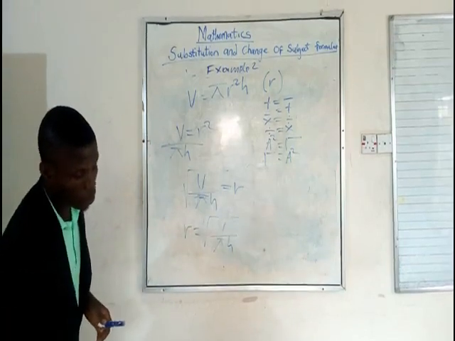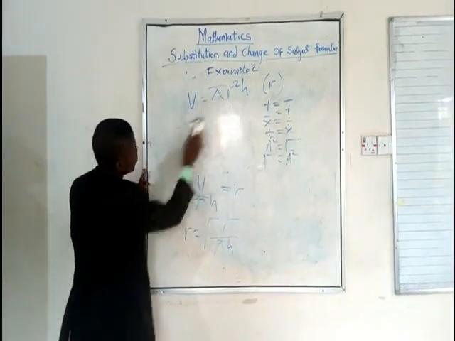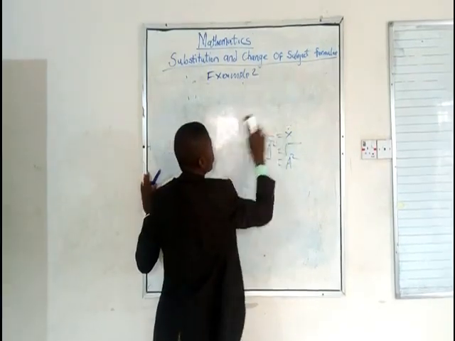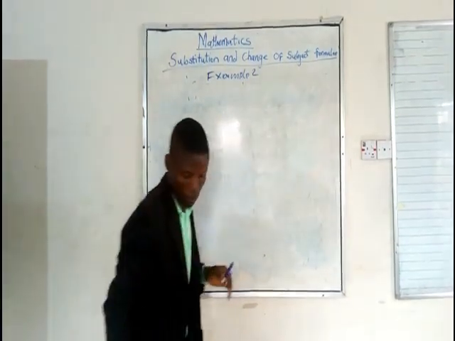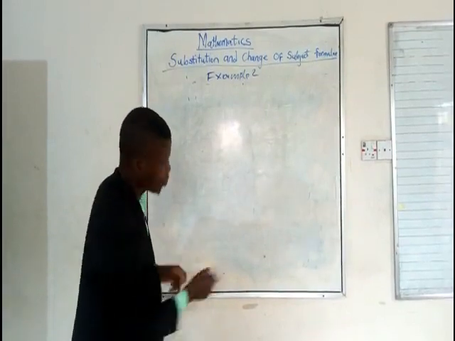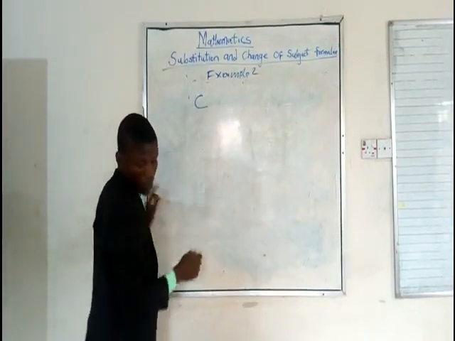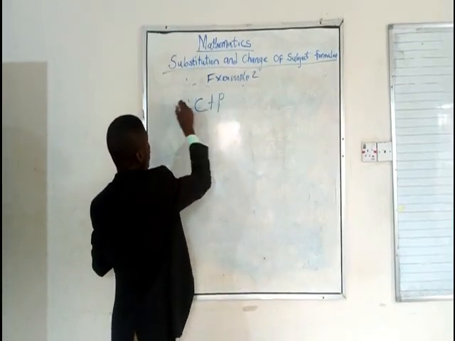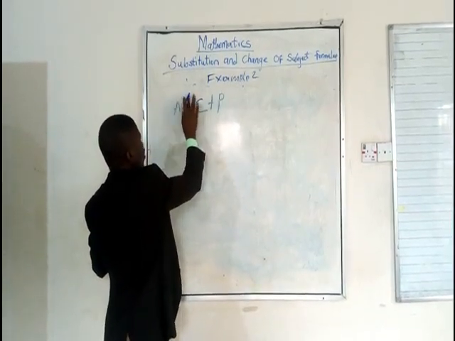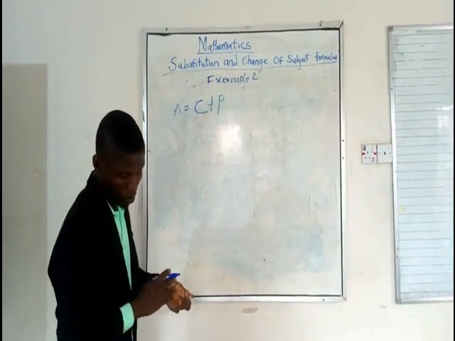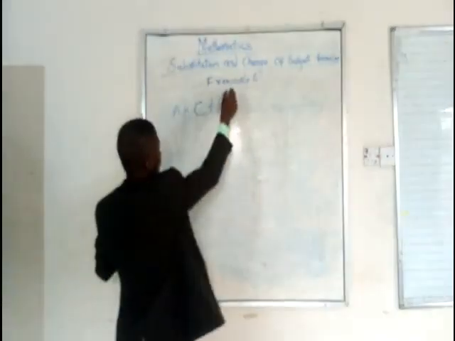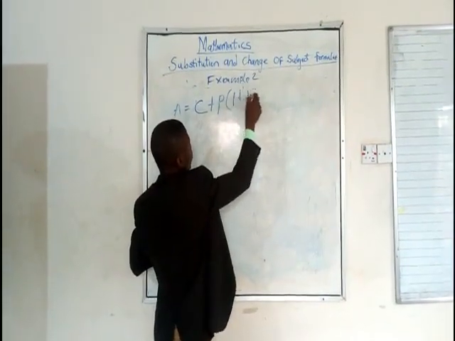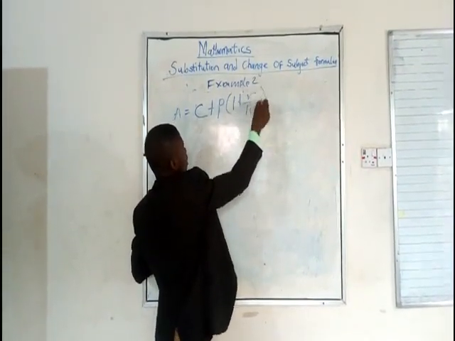Let's check example 2. C equals P bracket 1 plus r all over 100 bracket close.